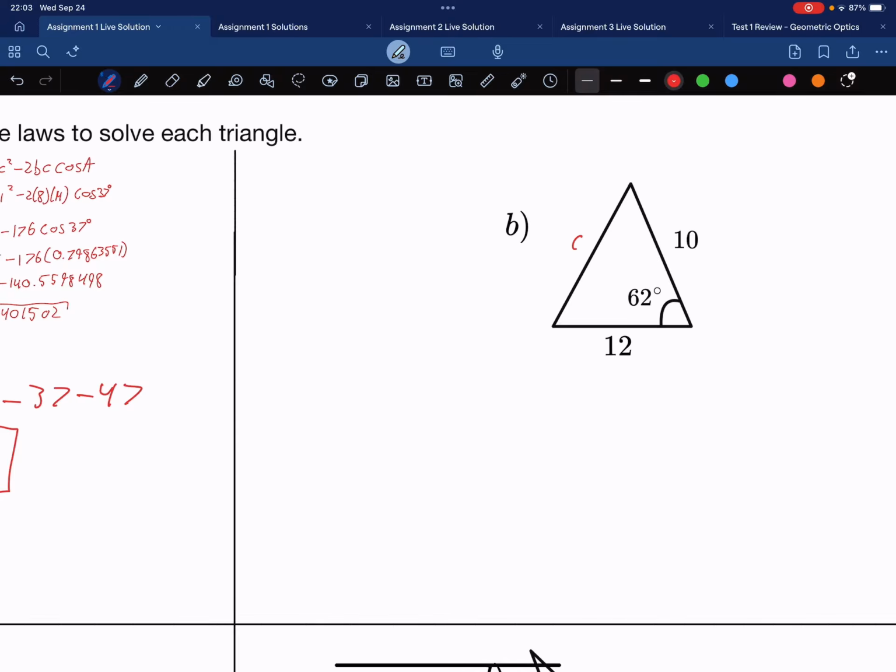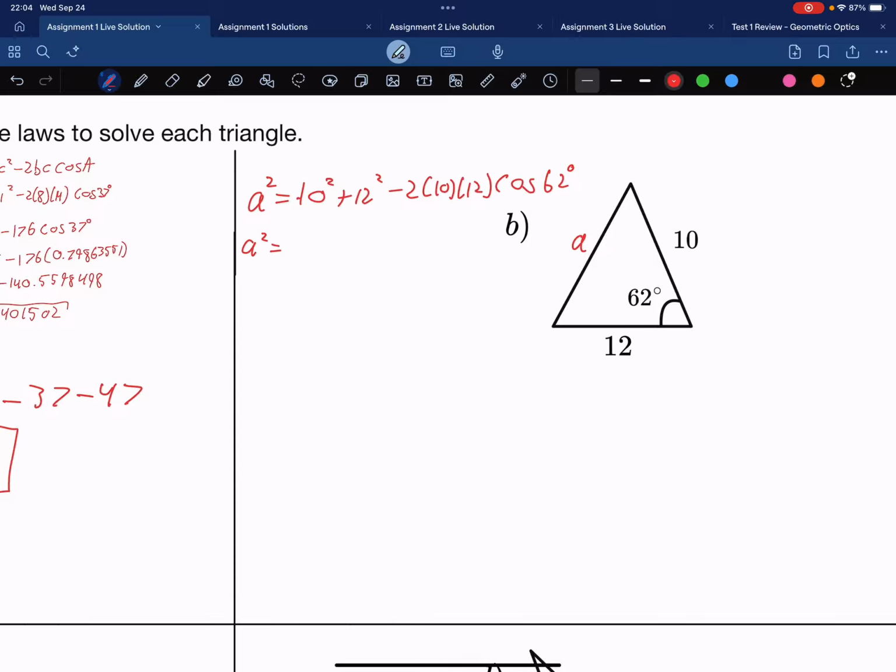I will call this side A, because that's what it is in the formula. It's already set up for this. A squared equals 10 squared plus 12 squared minus 2 times 10 times 12 times the cosine of 62 degrees.